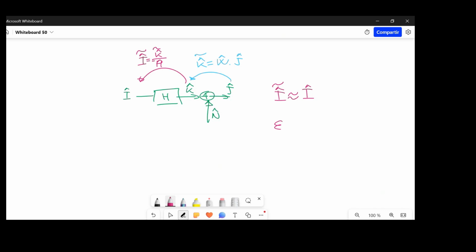Similar is computing the difference. This is in Fourier space, but if this is in Fourier space, I can inverse Fourier transform and have an image. Different. That is good. You started with an image, you have tried to estimate it. There is a difference between the two.